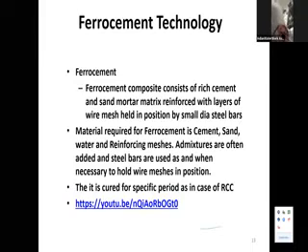This is ferrocement technology. Ferrocement composite consists of rich cement and sand matrix reinforced with layers of wire mesh and held in position by small steel. We have a steel skeleton, and to this steel skeleton we fix weld mesh and chicken mesh, and to that we then apply mortar either by hand or by pressure, and afterwards it is finished with plaster.